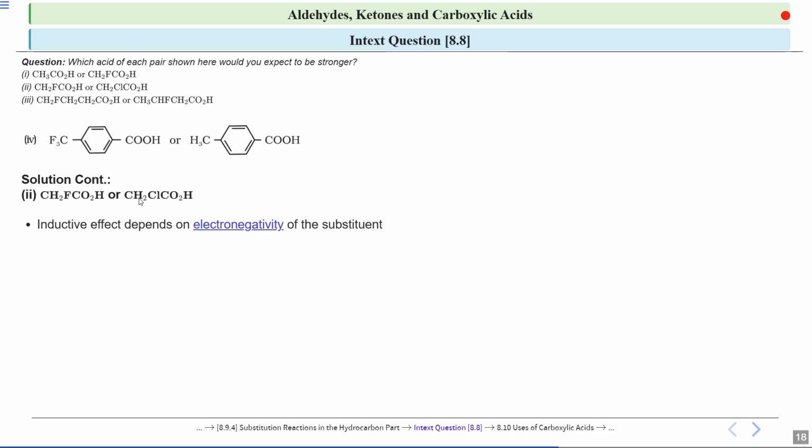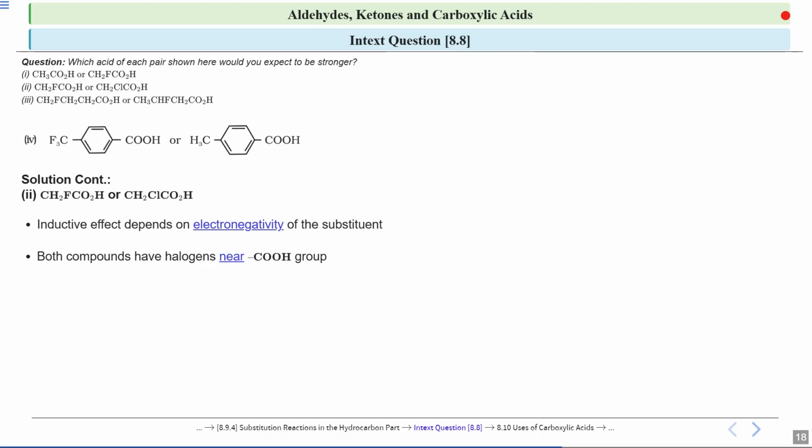Now the key factor here is the inductive effect, which depends on the electronegativity of the substituent atom. Okay, electronegativity is a measure of how strongly an atom attracts electrons towards itself. So the more electronegative the substituent, the more it pulls the electron density away from the acid group, which affects the acidity.